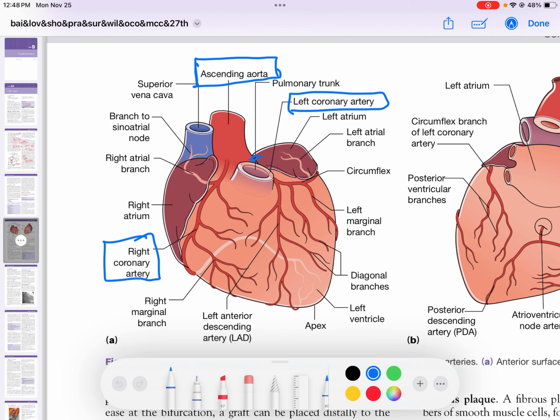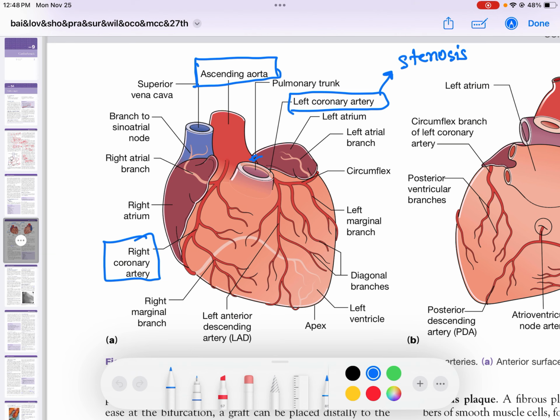This is the aorta, the aortic root. It can be the site of significant stenosis. Left main stem disease carries the worst prognosis in terms of survival without surgery.